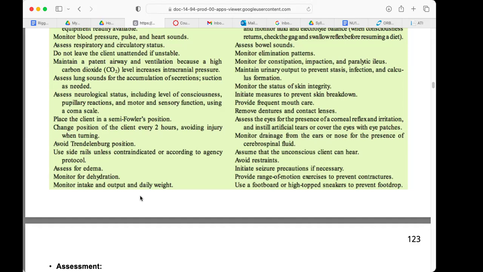So one of the first signs of dehydration that might be apparent, besides, let's say they're unconscious, they're probably going to have a urinary catheter. Because if they're unconscious, they're going to be in ICU.